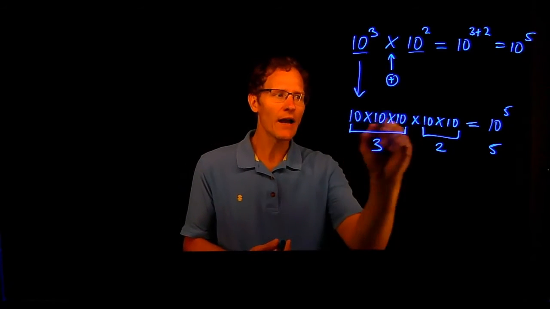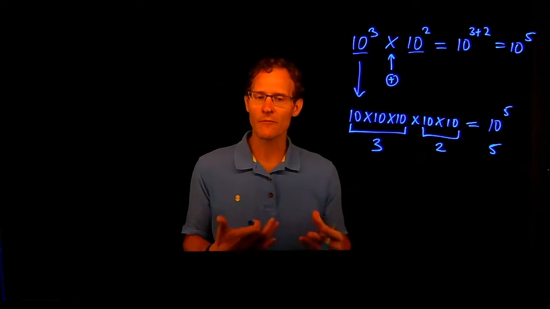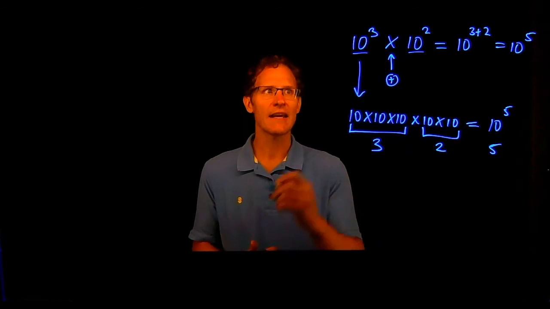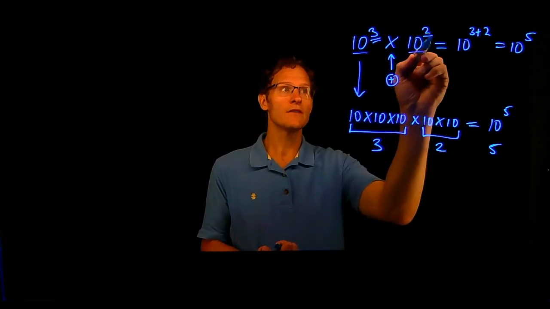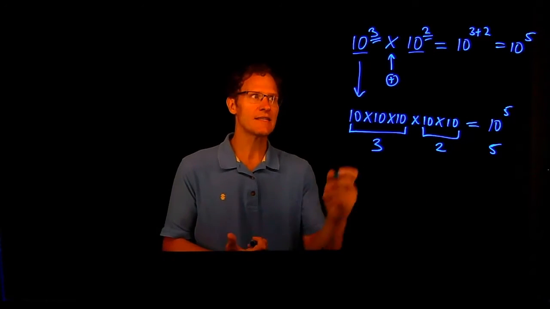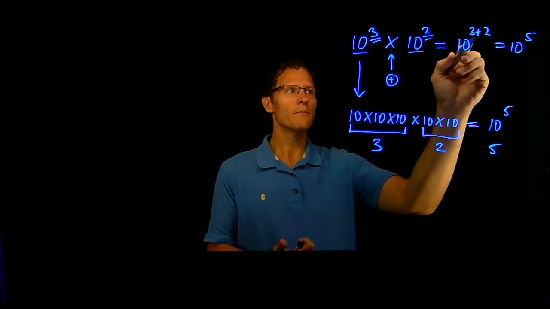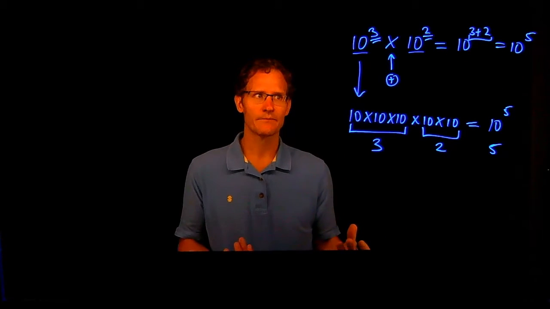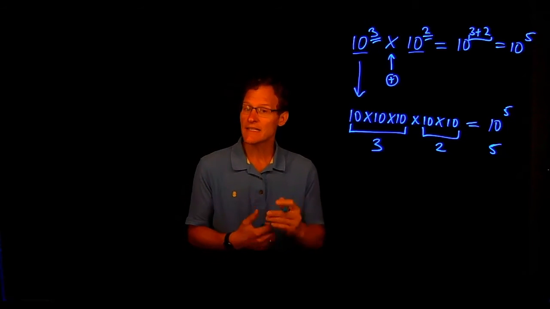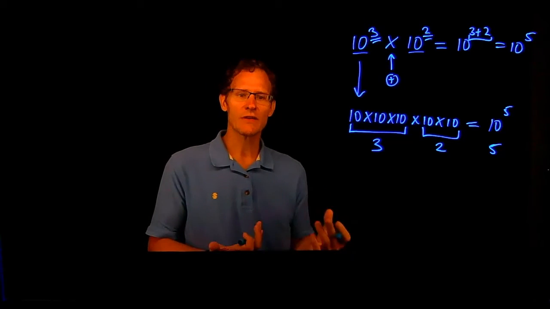You don't have to write this all out or put it in your calculator as long as you understand that 10 to the power of 3 times 10 to the power of 2 is the same as 10 to the 3 plus 2, or 10 to the 5th. It's just as easy to work with division.